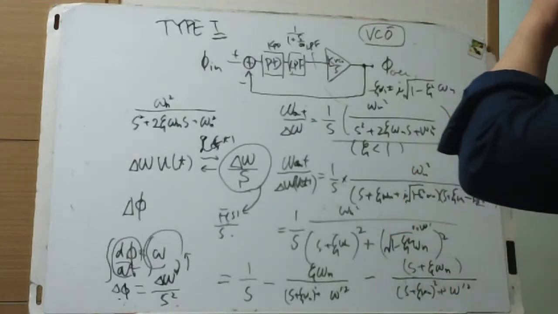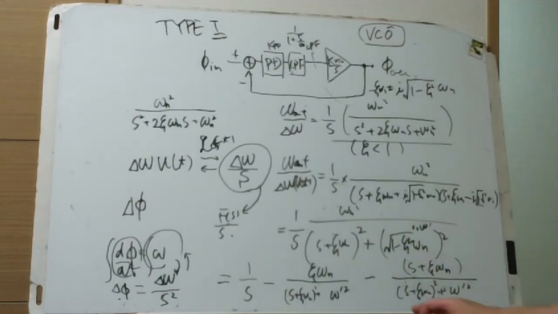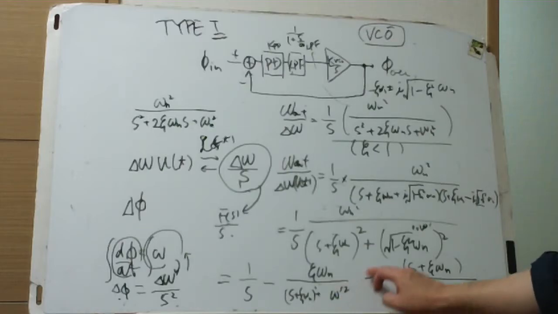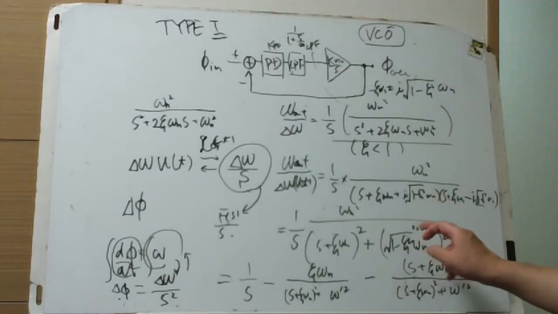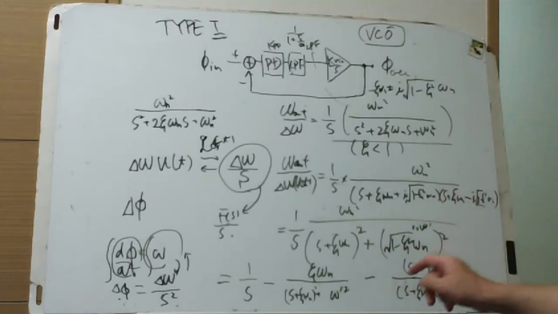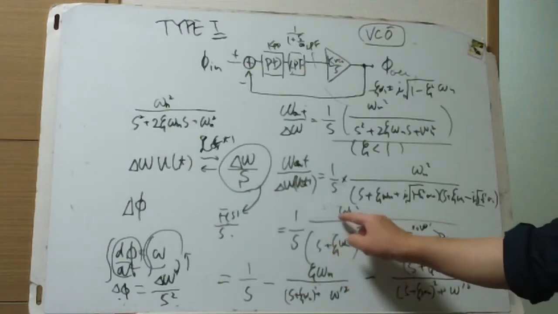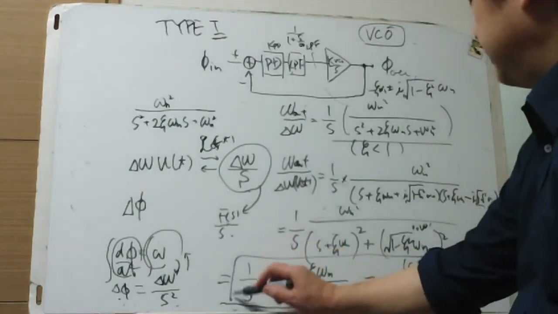So zeta omega n squared remained, but there's also here this, and this is 1 minus zeta squared omega n squared, which is cancelled out, and remaining omega n squared. So this is 1.